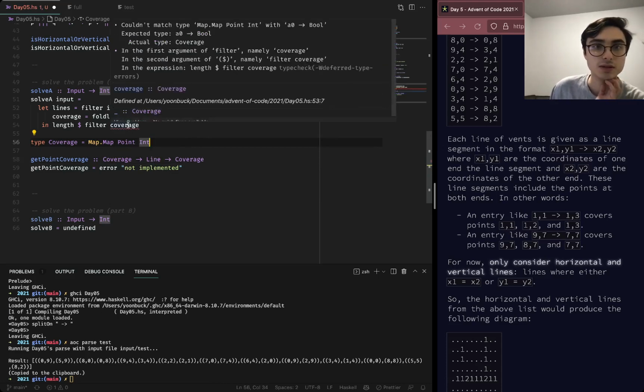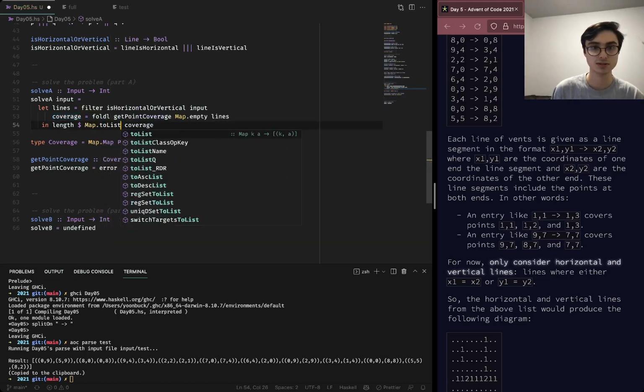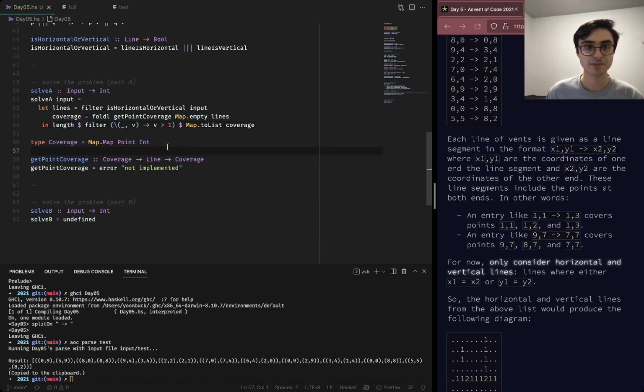And then we need to do map.toList, and that's going to be point value is greater than 1. Okay, so I think that's right.